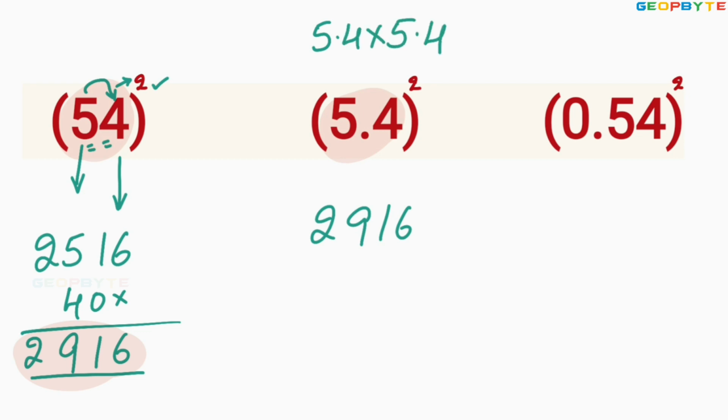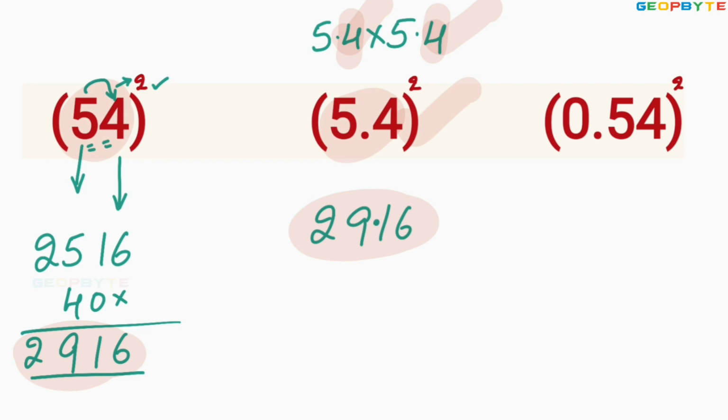You just count how many digits are there after the decimal. This is 1, 2. So after two places from the right, you mark the decimal point for getting your answer. 29.16 is the value of 5.4 whole square. I hope you clearly understood.